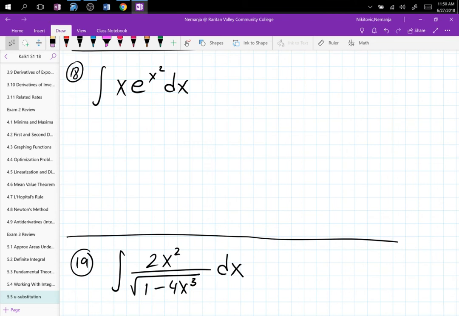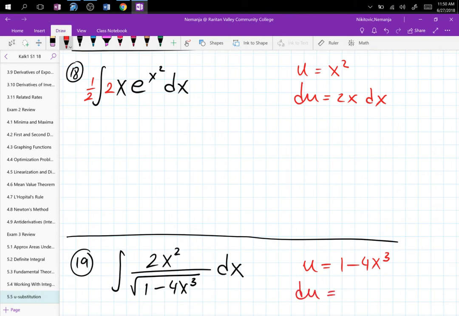I'm just going to ask you to give me substitution over here. So what's the substitution, the top problem? X squared. So that will make du 2x dx. And you clearly have to fix it, right? How about the bottom one? 1 minus 4x cubed. Very good.